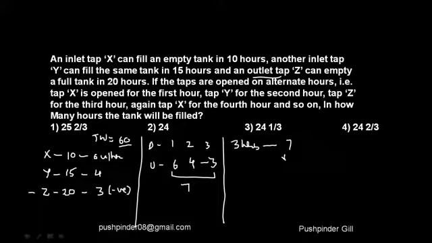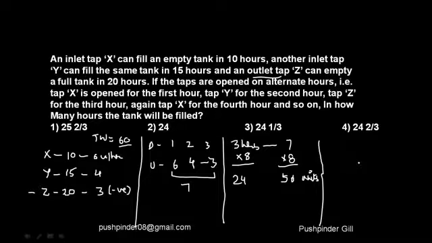Now we have to get close to 60 because we have to fill the tank. So if we have to get close to 60, we have to multiply by 8 over here. Fine. So by multiplying by 8, I get 24 hours here and I get 56 units here. Now how many units do we need? We need 4 units.